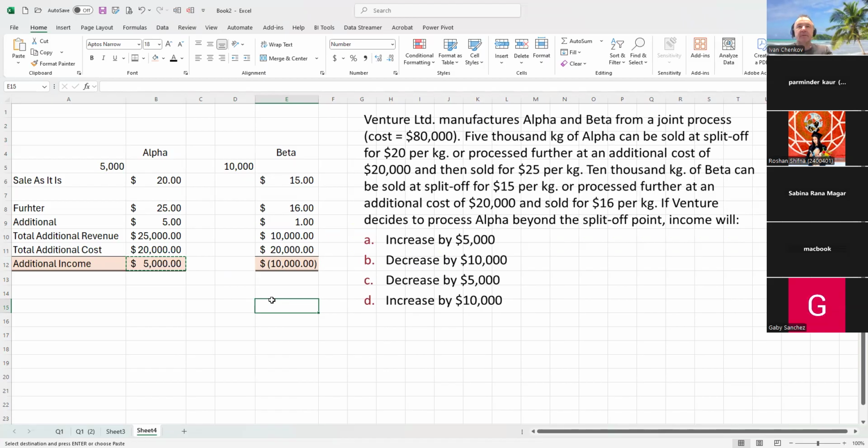Increase of 5,000. If we go with beta, decrease of 10,000, unless we sell it as it is.